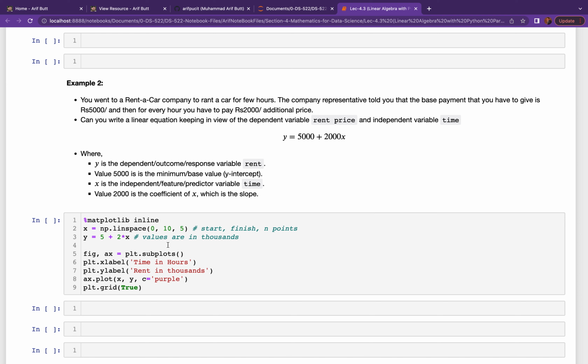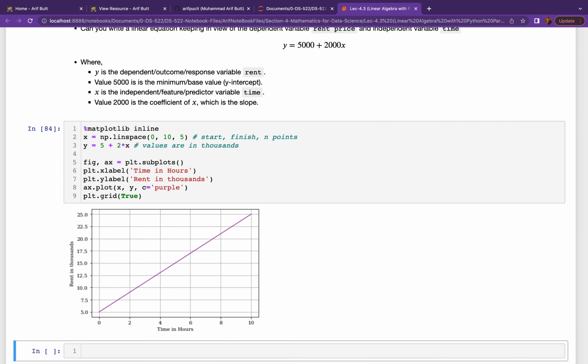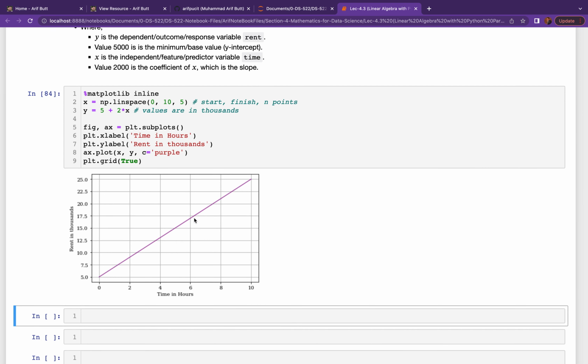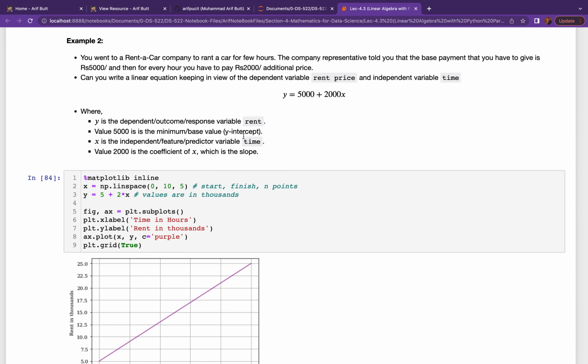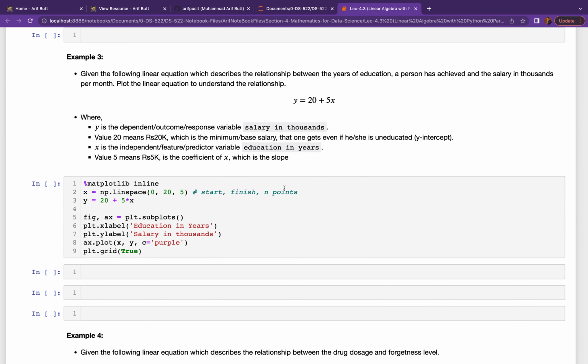So if I write down this equation and plot it over here, you get this. Now you can easily see that if you get the car for 4 hours, you need to pay a little more than 12.5 thousand, and for 0 hours you need to give 5,000. So this is the graphical representation of this linear equation.